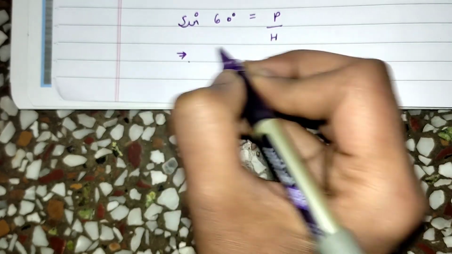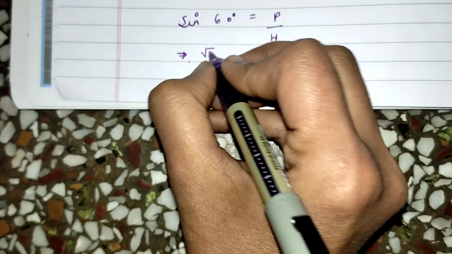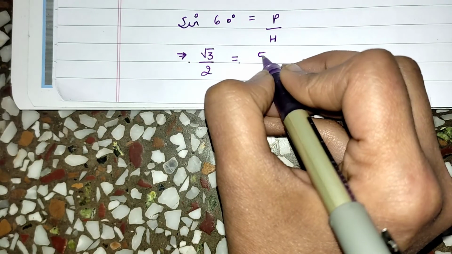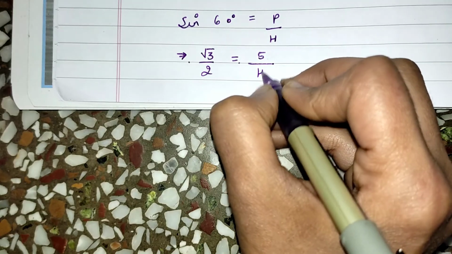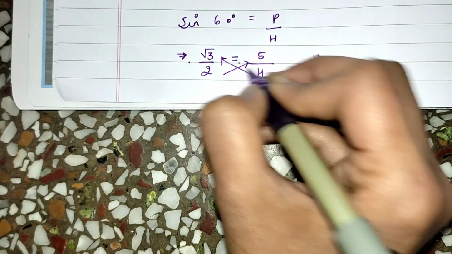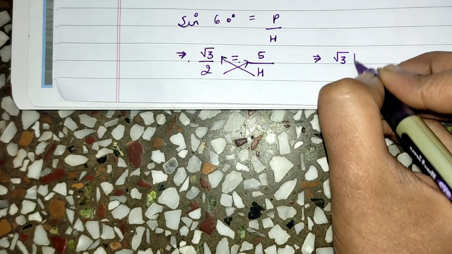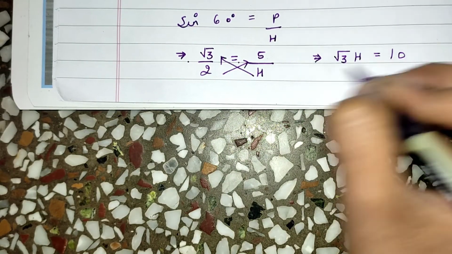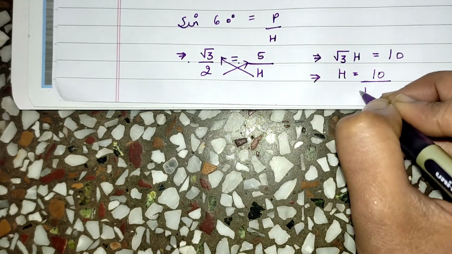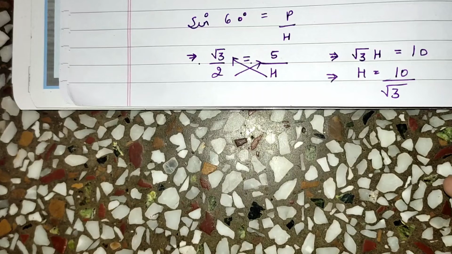Sine 60 is root 3 by 2 and perpendicular is 5, and I have to find this hypotenuse. If you do cross multiplication, you will get root 3 h is equal to 10. So hypotenuse is going to be equal to 10 by root 3.